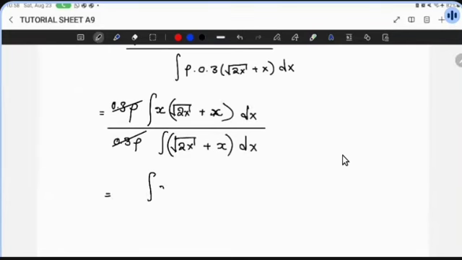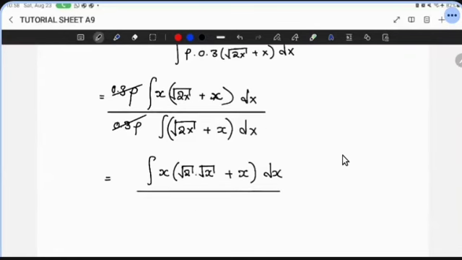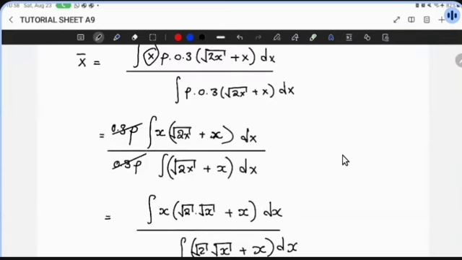So in the end, we are just integrating x. The root 2x, I can write it as root 2 and root x separately. Then plus x there. Because I'm integrating with respect to x, I might as well figure out the limits first. So the limits, because we're going with dx, they're going to be values of x, from the smallest value of x to the largest value of x.